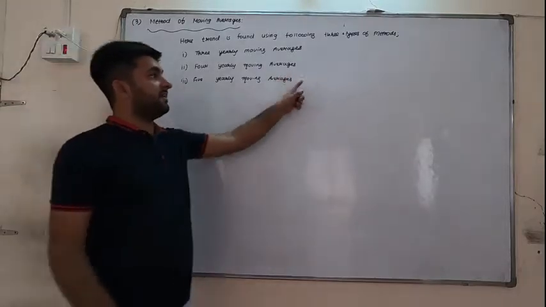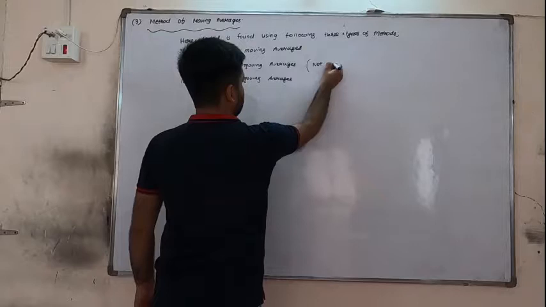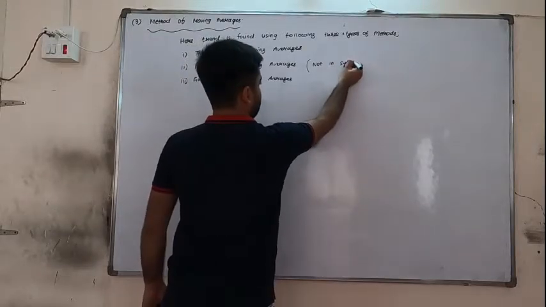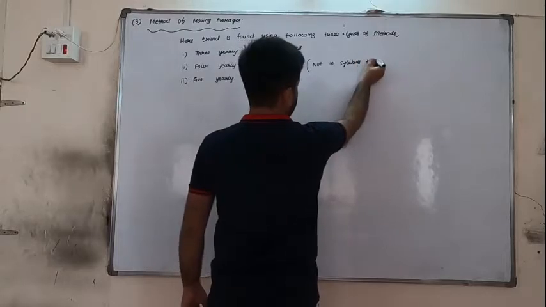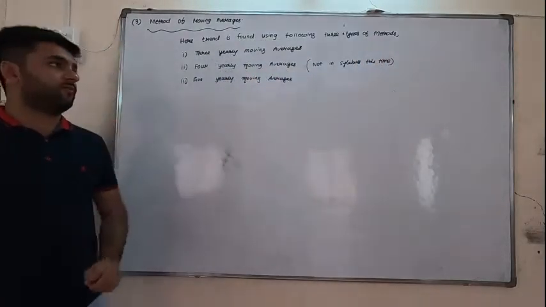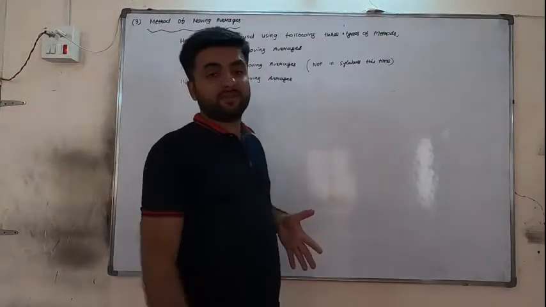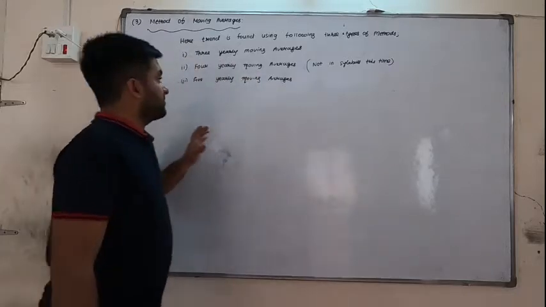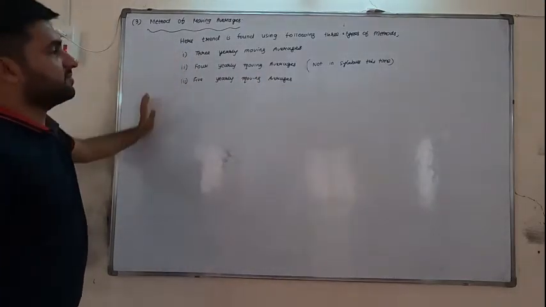And in this bracket you will write not in syllabus this time. There are 2 sums in exercise 4.3, so both these sums, and in exercise 4 also I have said there are again 2 sums, so we are ignoring. So today we are starting with 3 years moving averages.